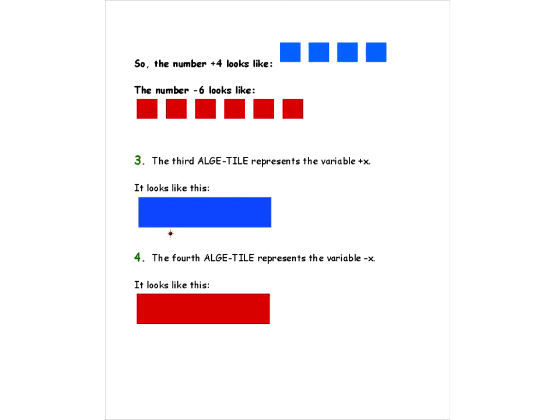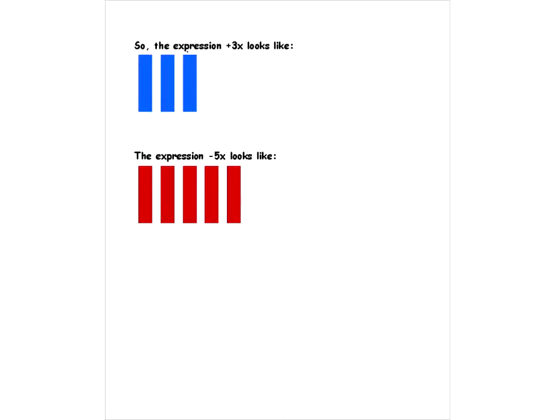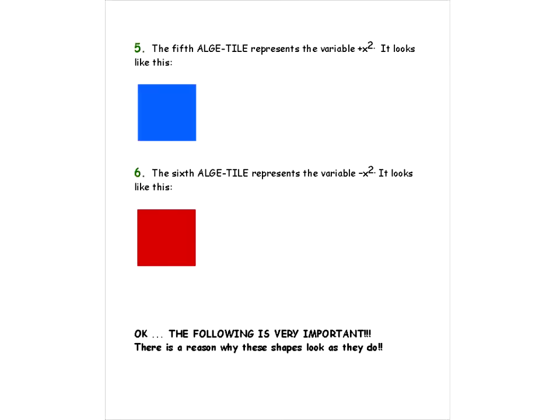This is +x, the blue, just like +1 was blue, and this is minus x. Okay, so if you had plus 3x, that would be these, minus 5x. Now this is x squared when it's the big box. Positive x squared, there's negative x squared.